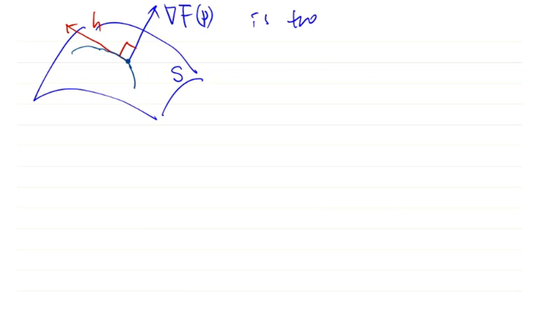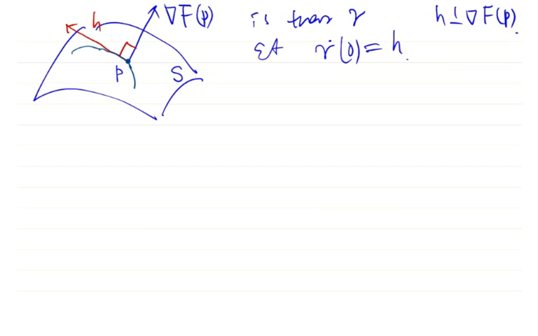Is there a gamma such that the tangent of the curve at the point P is precisely this H? The condition is H normal to the gradient. So this problem is far from trivial, but it is an important and interesting problem.